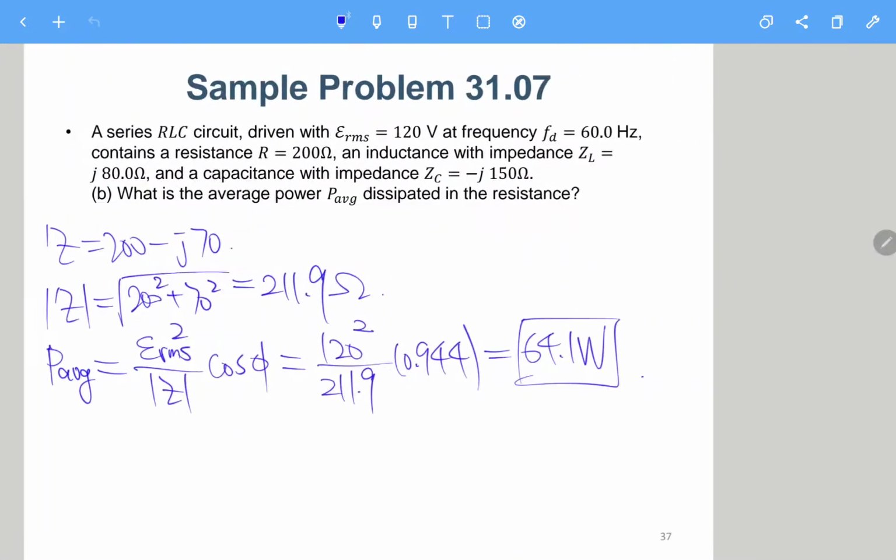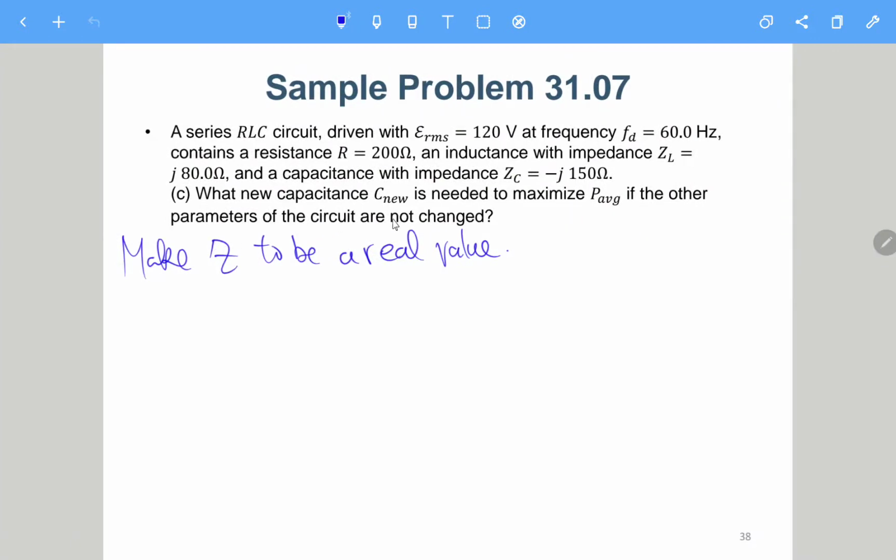So the condition for having maximized P average is actually equivalent to having the resonant condition, which means that ZL plus ZC should be 0.